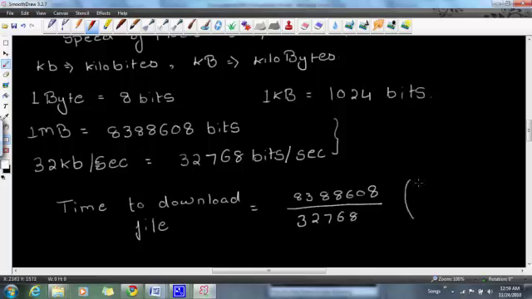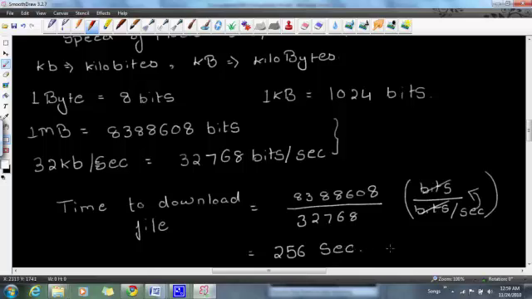For ease of convenience, we can also list down the units, so that's bits upon bits per second, which is equal to 256, and from here we can see that bits and bits get cancelled, the second goes over here, so the result is 256 seconds, which is a unit of time, which is equal to 4.2 minutes.